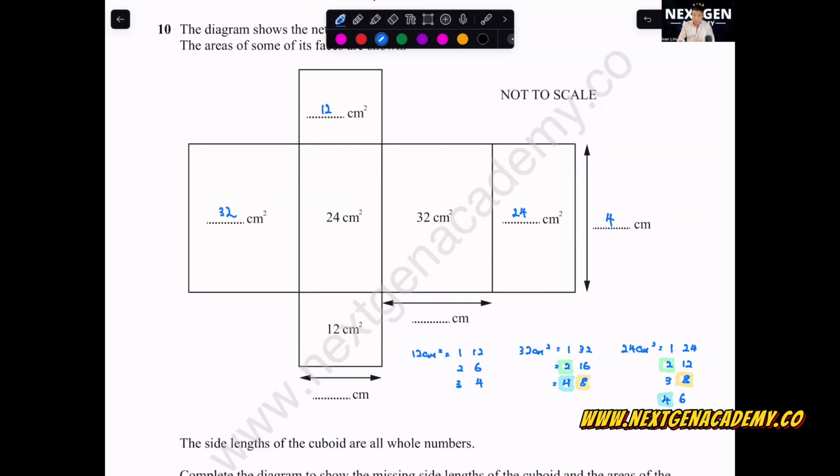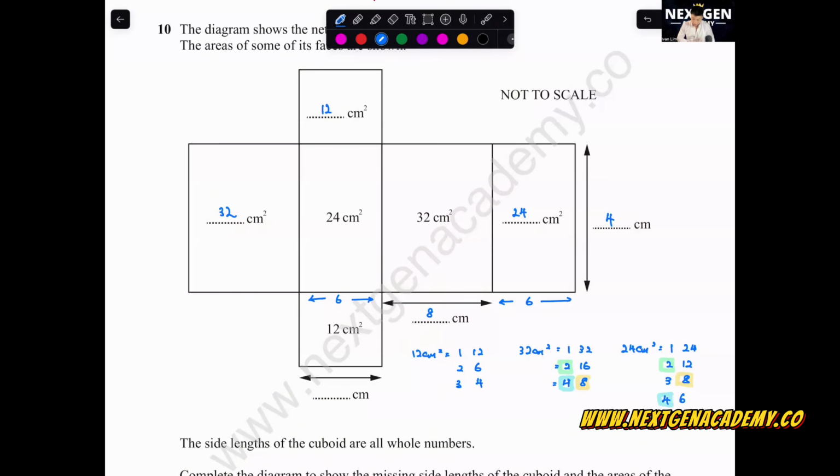If 4 is the height, then here will be 6. Where else will be 6? Can we say here is also 6? Since here is 4, can we say here is 8?